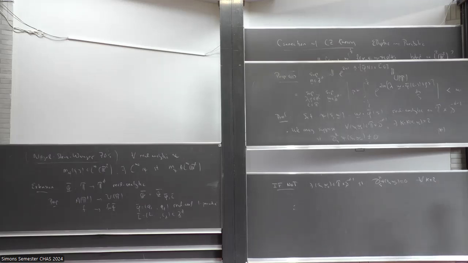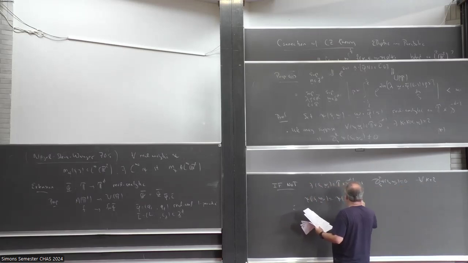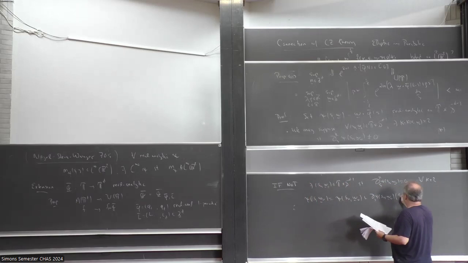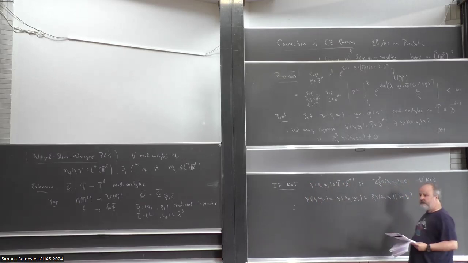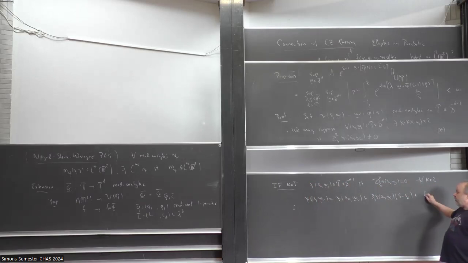Now let me Taylor expand this function. I'm fixing omega naught, but let me think of it as a function of s, and let me Taylor expand at the point s naught. So I get the value at s naught, plus the first derivative of psi at s naught times s minus s naught, plus 0.